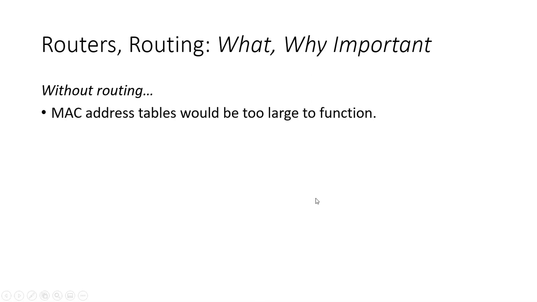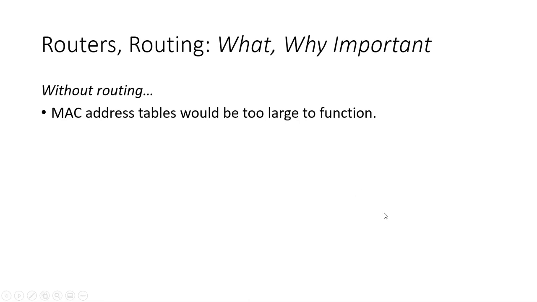Without routing, you might wonder, if we already have a table in memory of all the MAC addresses on a local network, what's the problem with just connecting the next local area network and adding its MAC address table to the one that exists, and just have one very large MAC address table?